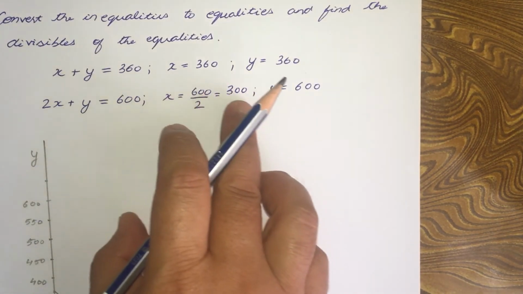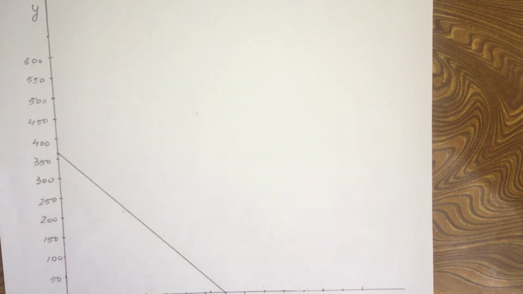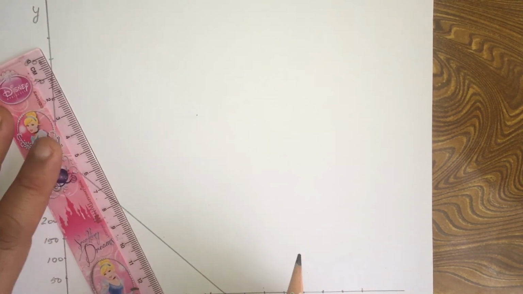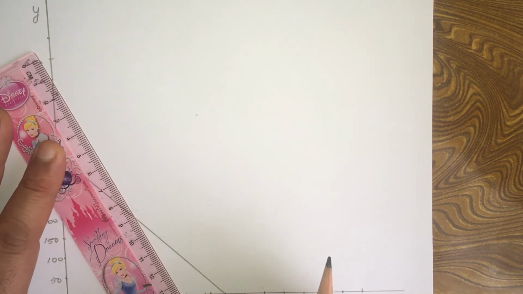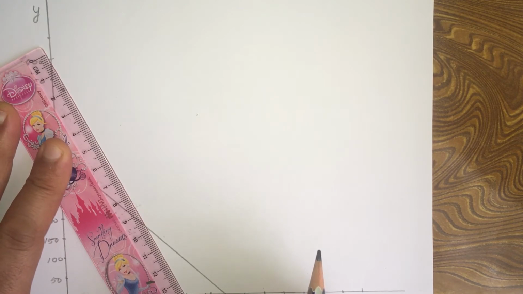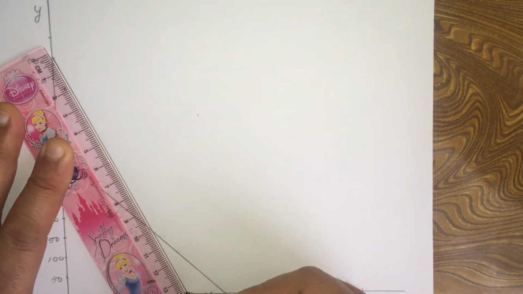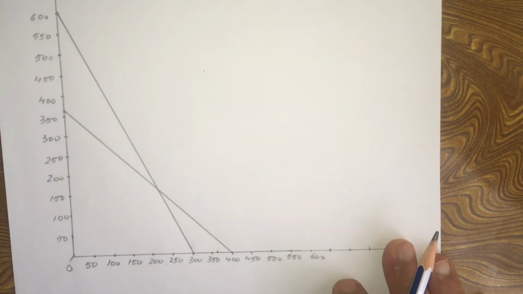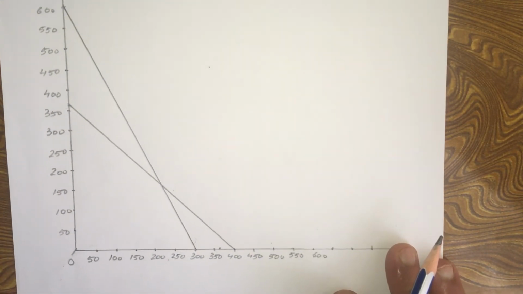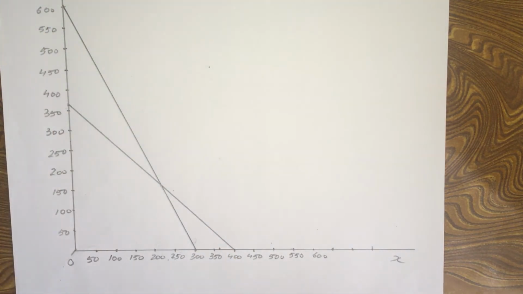Now for the next constraint, x is 300, y is 600. So there we have it.